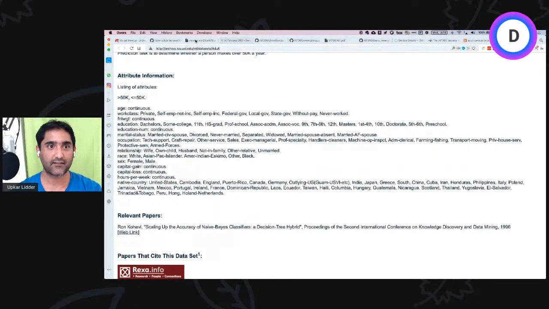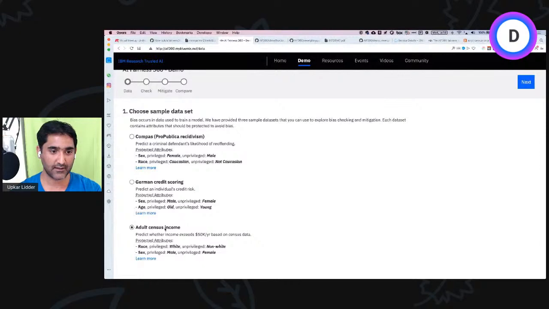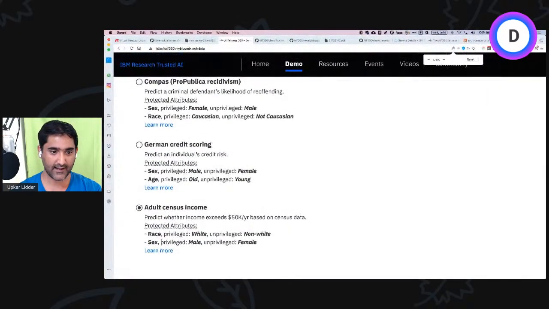So let's go back to our demo, and yes, I want to pick that. And as you can see at the bottom here, this demo is using race as a protected attribute, where the value of white is privileged and a value of non-white is the unprivileged group.